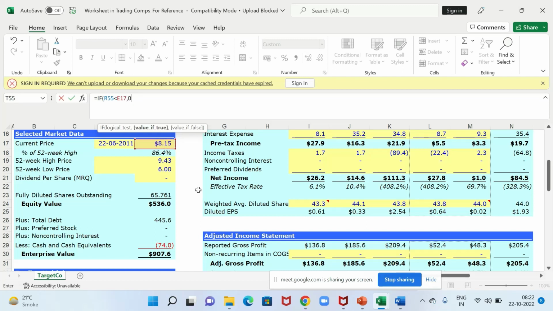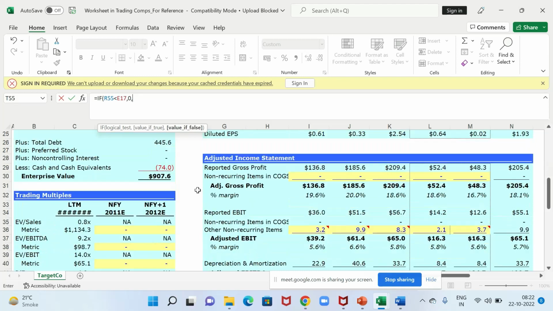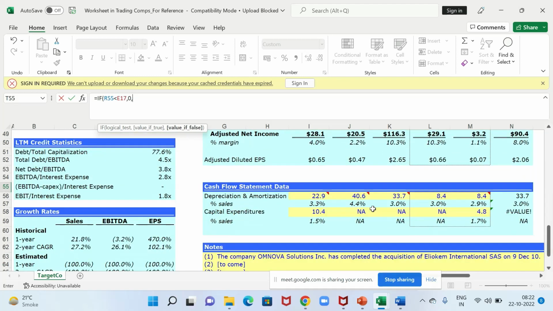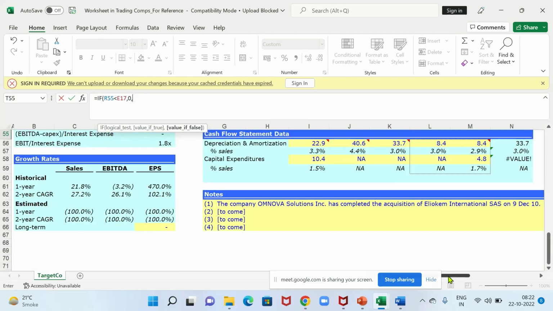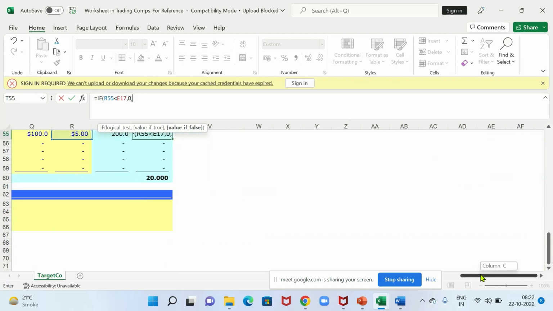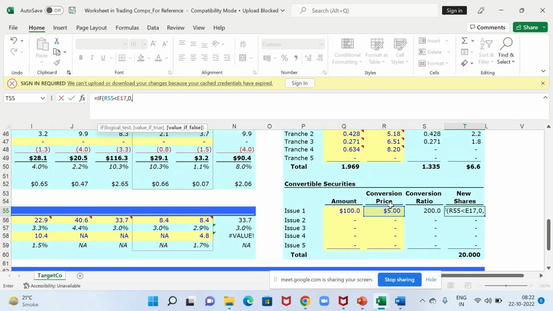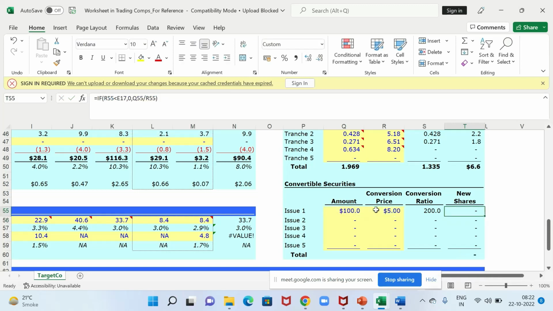Then it should give me 0 as a result. Else it will give me 100 divided by conversion price, right?